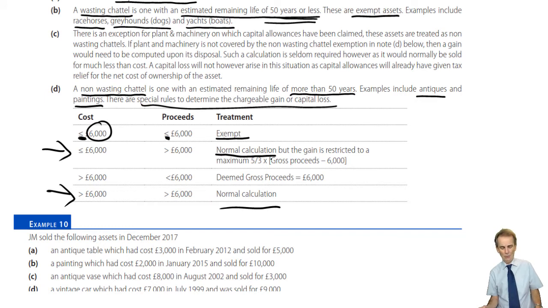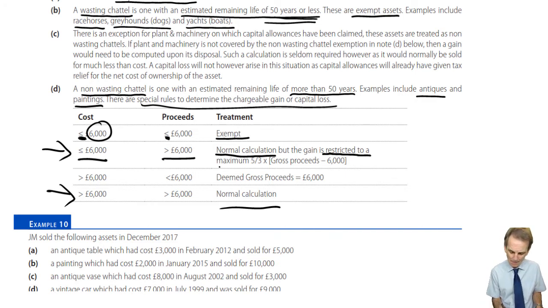We bought it for less than 6, we're selling for more, so there is clearly a gain that arises. So two calculations: normal, what did you sell it for, less the selling expenses, less cost, but then restricted to a maximum, and this I'm afraid is not something given on your rates and allowances page, you're going to have to learn this one.